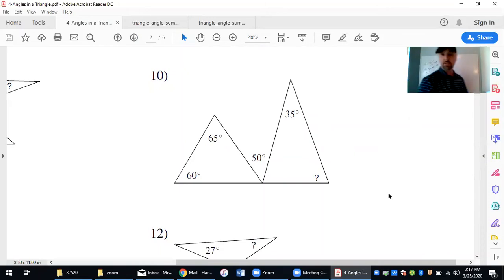Okay, if you haven't written down the 3 big ideas to do this worksheet, that would probably be a good idea to do. All right, number 10. Kind of looks like 2 mountains here. Something like that. Okay, not perfect, but close.